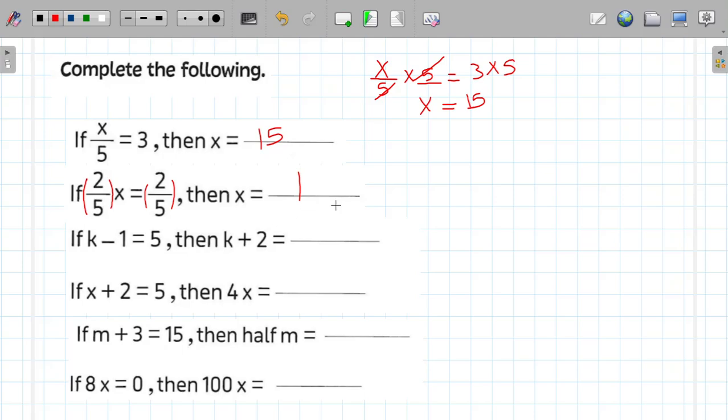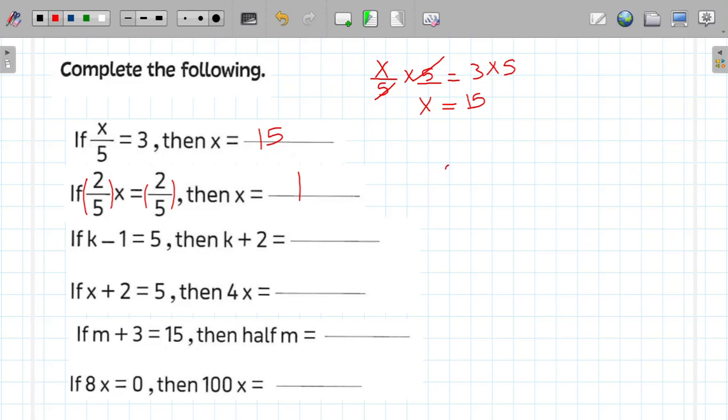Okay, but if I want to find the value of x without using the properties of multiplication and division, I will multiply both sides by the reciprocal of the fraction.